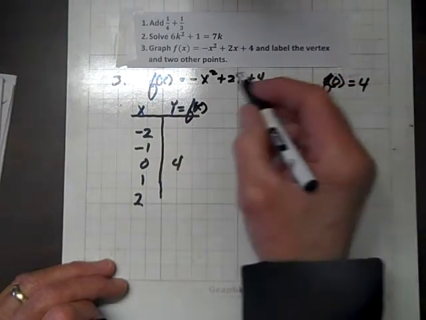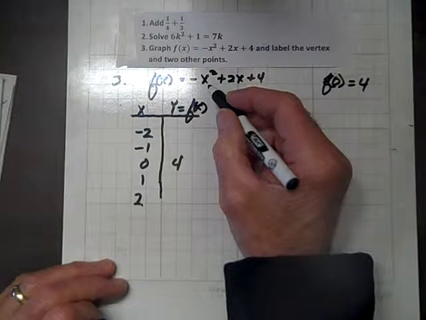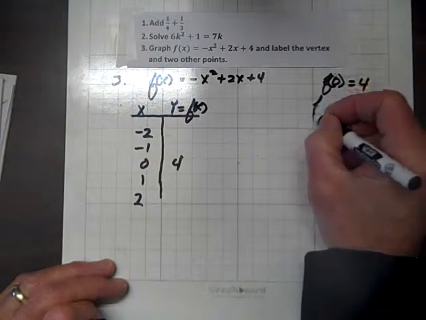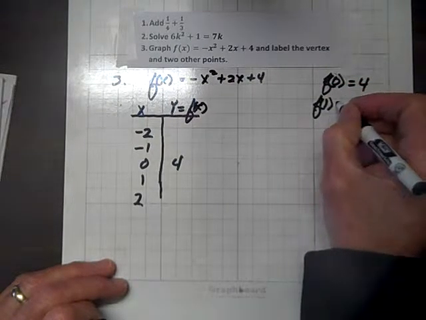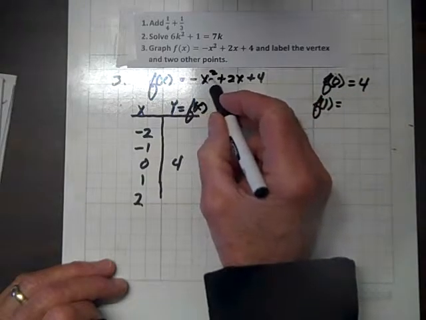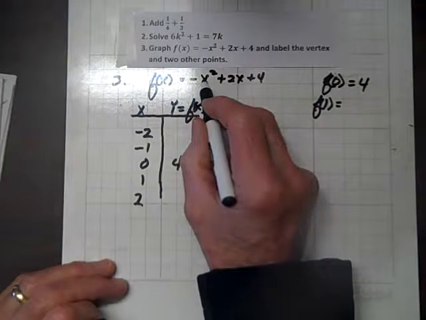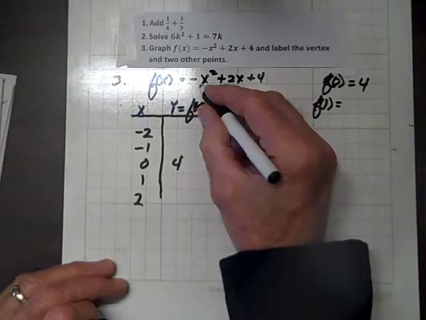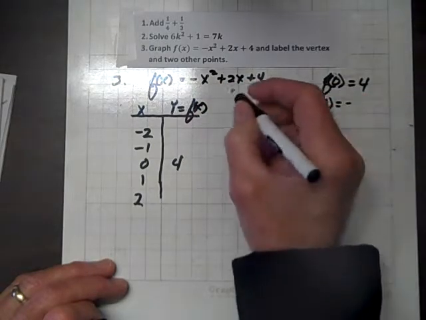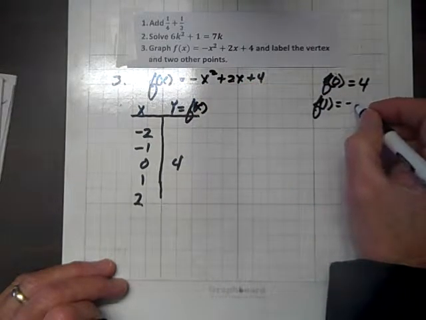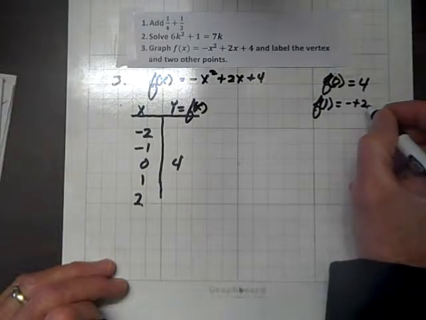Now, let's evaluate f of 1. So f of 1 equals, and 1 squared is 1, so -1. 2 times 1 is 2, plus 2.